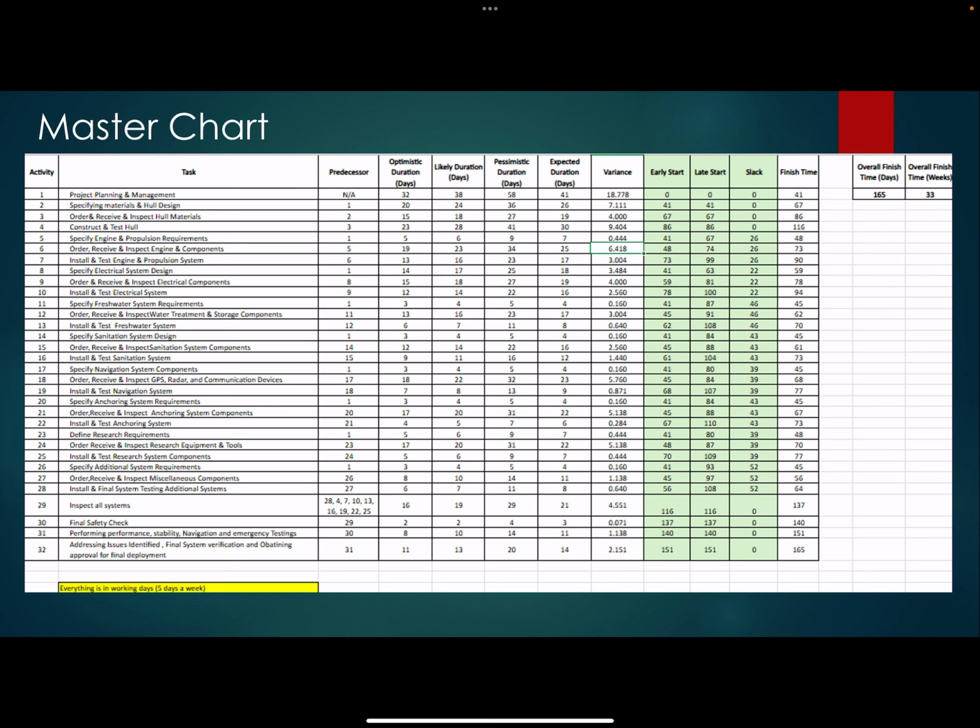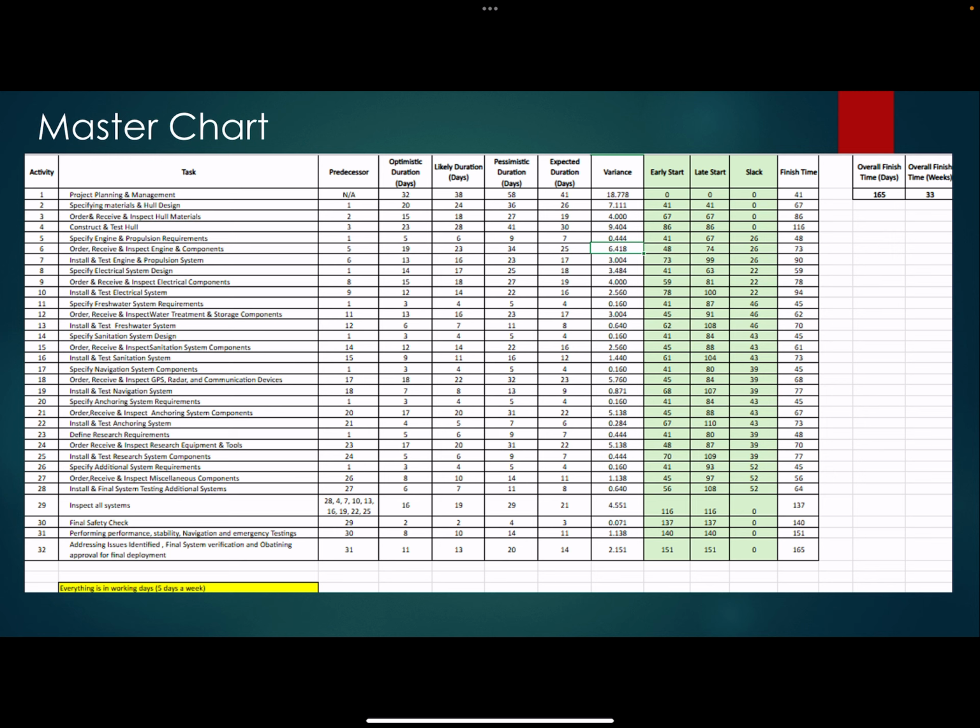Earlier in the WBS, there were 64 tasks. Now we eliminated some and combined some of the activities for better representation in the network diagram. We calculated the expected durations and the variances based on the optimistic time and pessimistic time. We allocated the optimistic time based on the WBS, which is basically the shortest time to complete the project, and by brainstorming and discussion, we allocated the other durations.